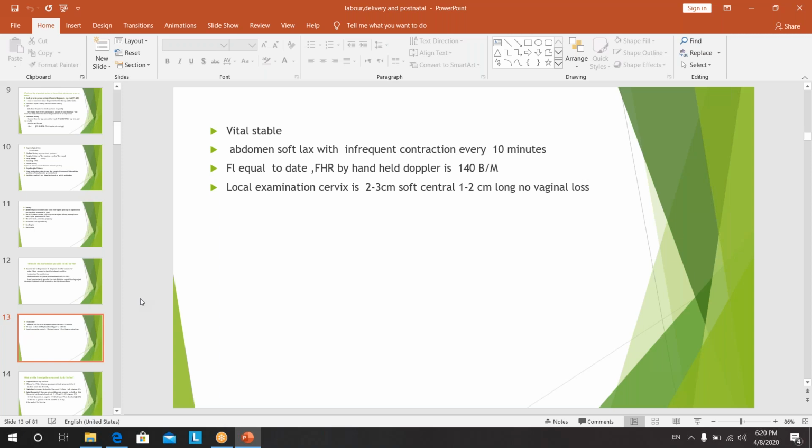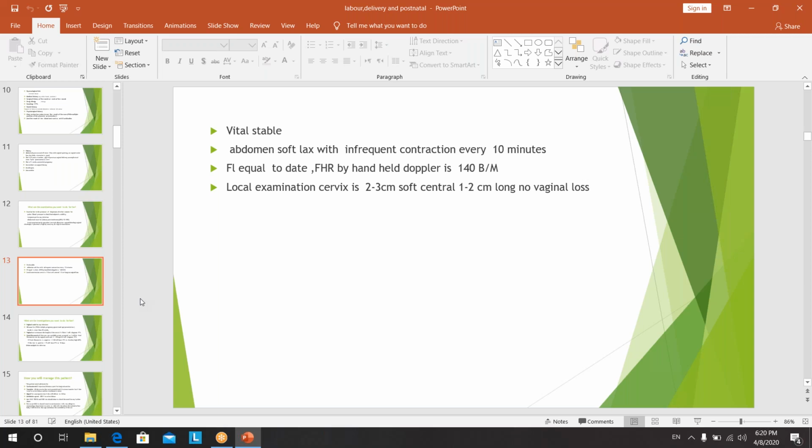So what is the important investigation you wanted to do for this patient? I would like to do a vaginal swab to rule out any infections, and also send a vaginal swab for fetal fibronectin, if available.